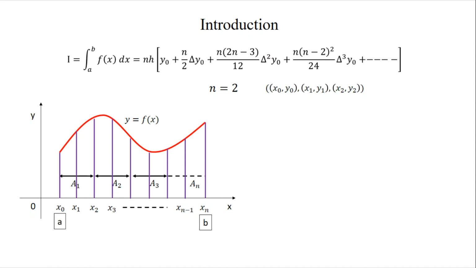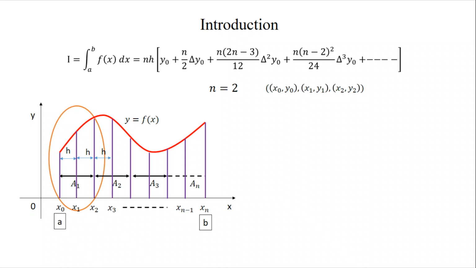Then the next two strips area is a3. The step size for each strip is h, an equal step size for all the strips. Then the initial limit is a and the final limit is b.